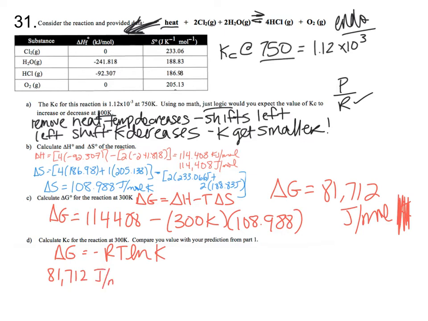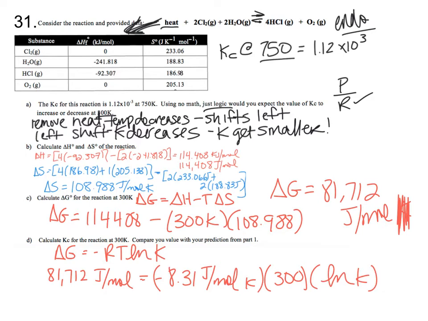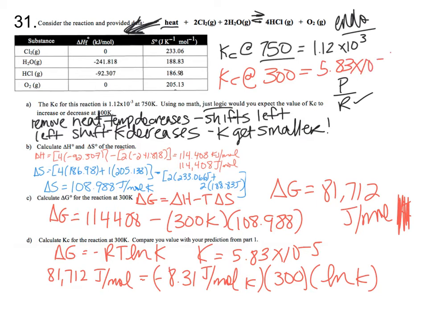This is why we had to convert to joules, not kilojoules, because of right here, negative 8.31 joules per mole K times 300 times ln of K. All right, so when you do your fancy maths, K ends up being 5.83 times 10 to the negative fifth. So our Kc at 300 is 5.83 times 10 to the negative fifth.